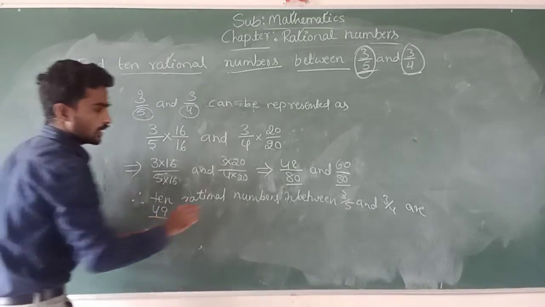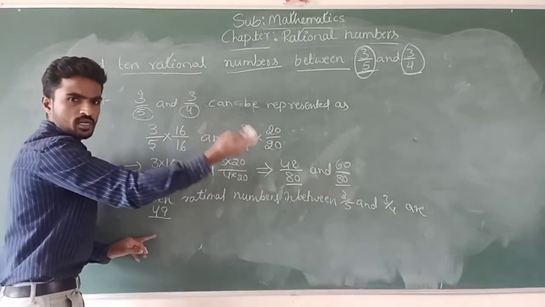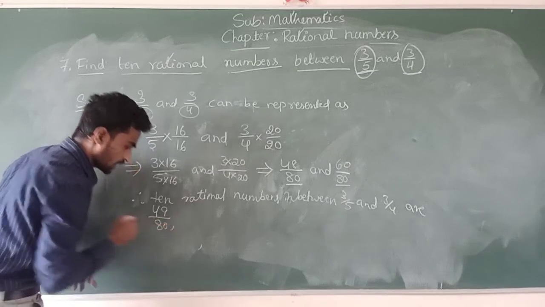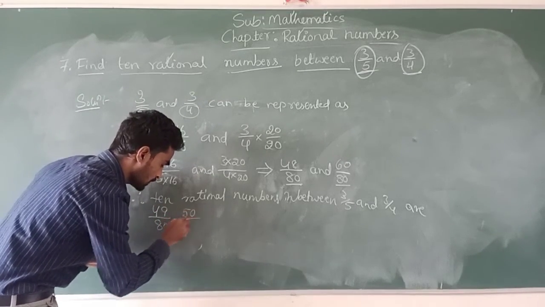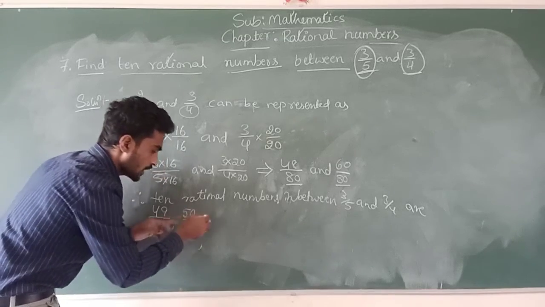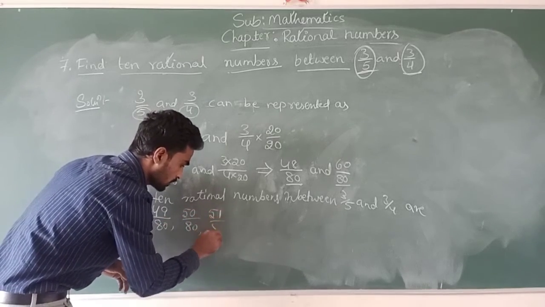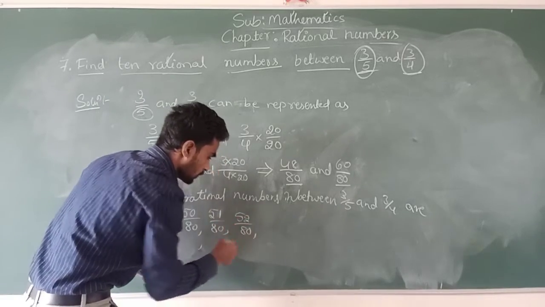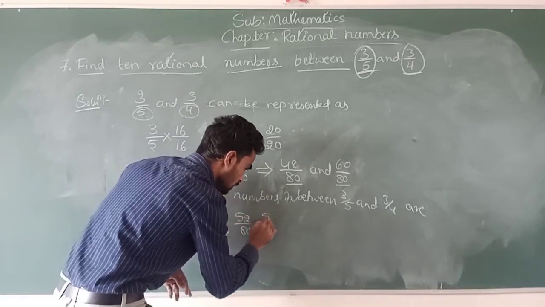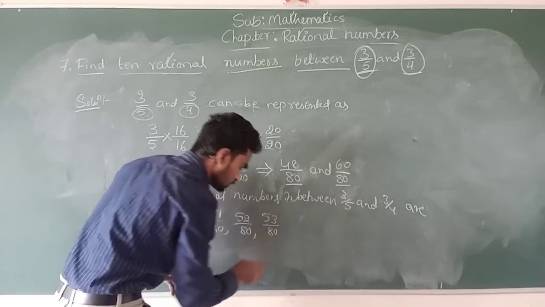You can write 49 and write the same denominator for all the rational numbers. 49 divided by 80. Next number after 49, that is 50, 50 divided by 80. Next 51 divided by 80. Next 52 divided by 80. After 52, 53 divided by 80.